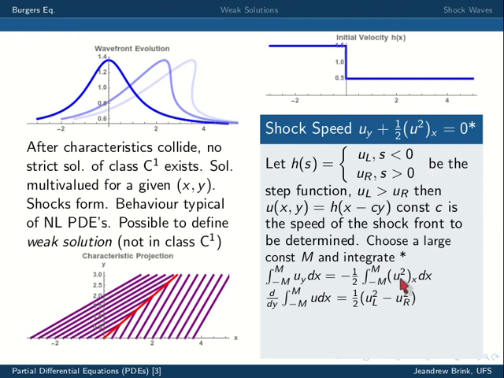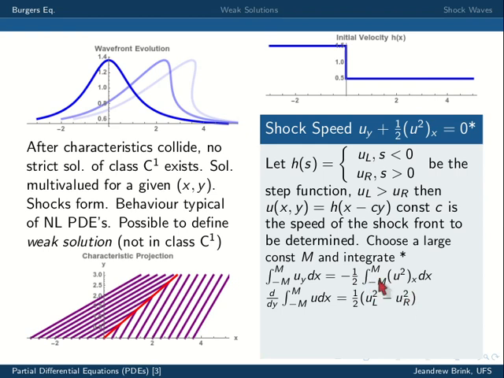And so if we evaluate u squared at m, m is positive, so it's over here, so you have u right, but it is minus, so we have minus a half u right squared.